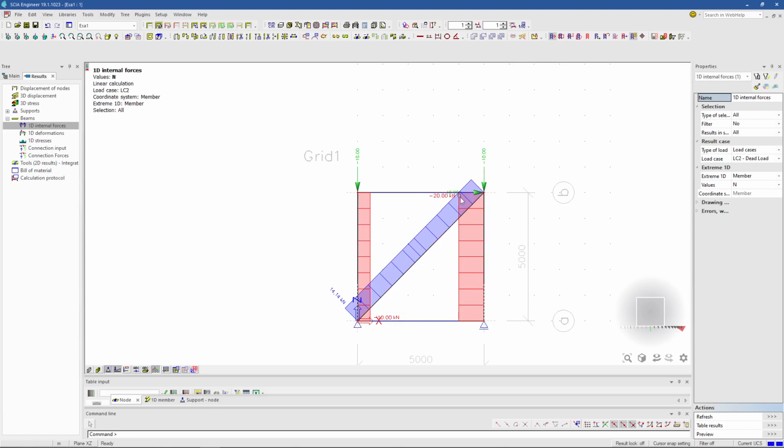This load is pushing this node and it's trying to take it this way. This will try to restrain it in this sense, so we will experience tensile forces. This is trying to keep it, because it's trying to restrain it against that, it experiences compression.